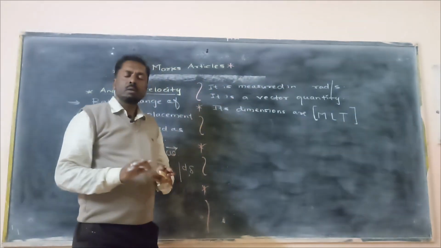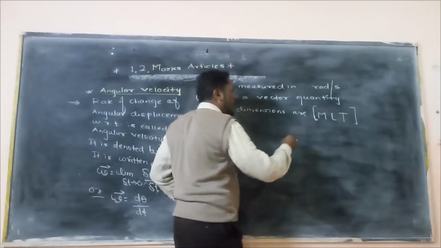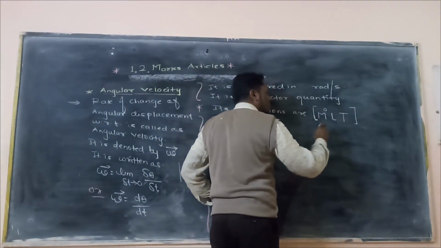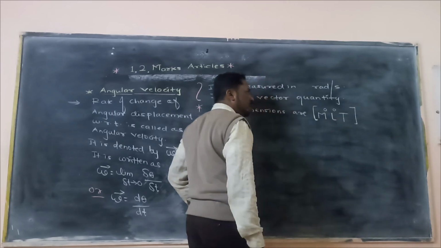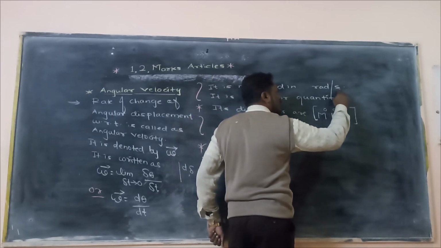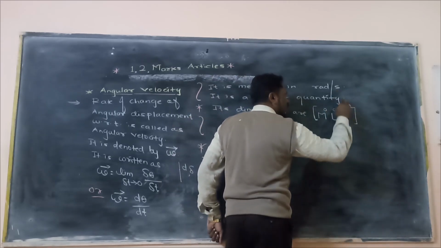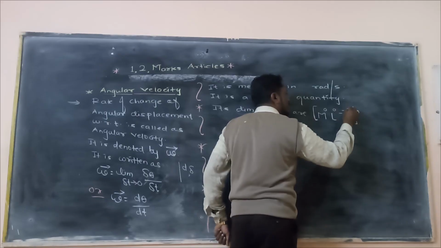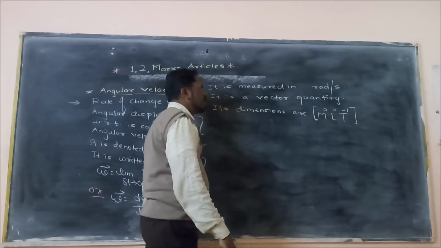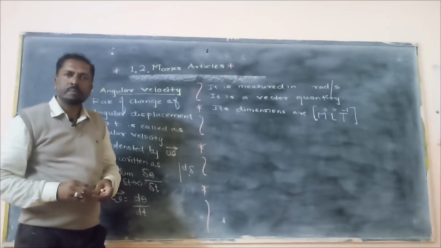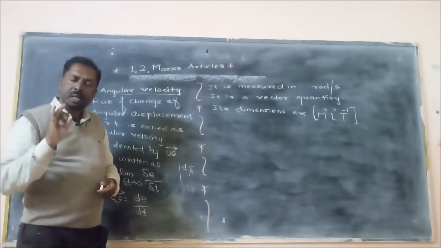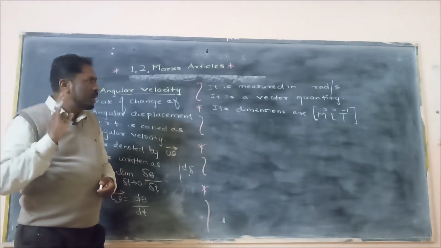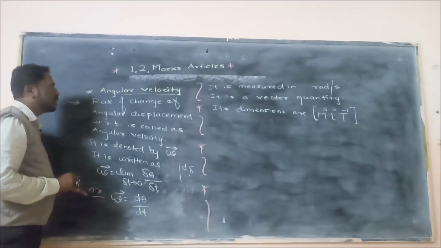Here there is no information about mass, so the power of M is 0. No information about length, so the power of L is 0. But we have the information about time, that is in the denominator. When it comes to the numerator, it becomes -1. So what is the dimension of angular velocity? It has the dimensions M raised to 0, L raised to 0, T raised to minus 1.